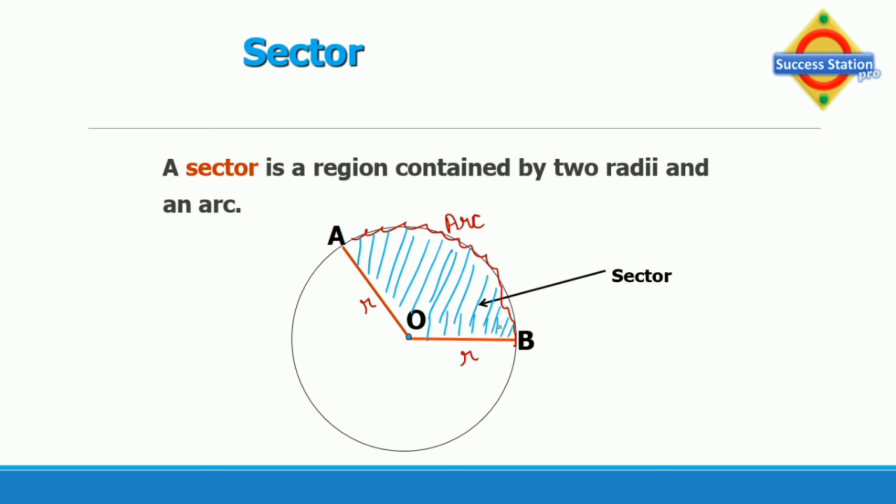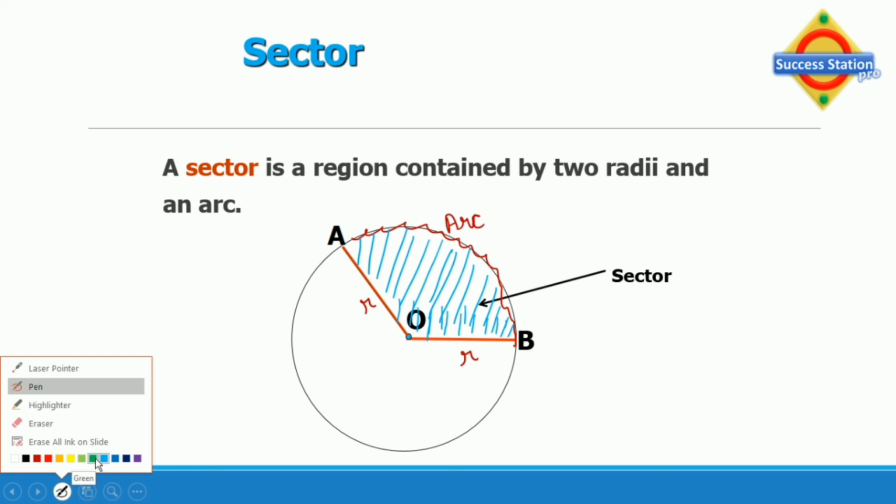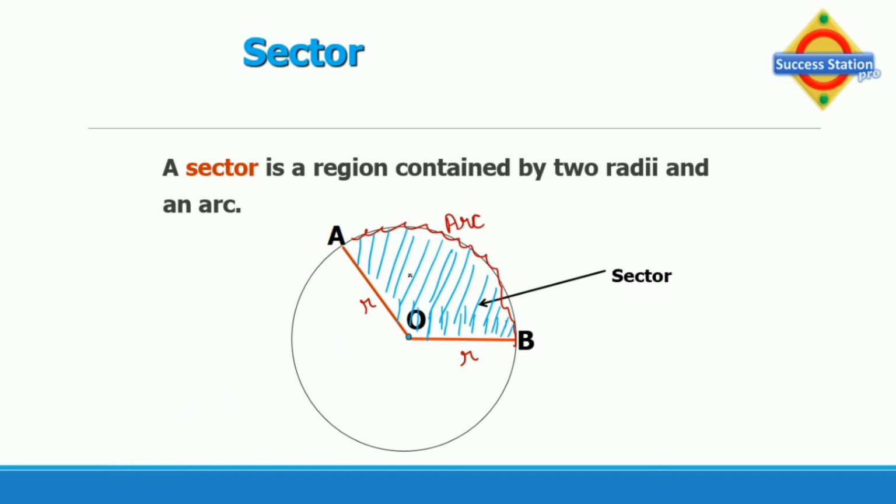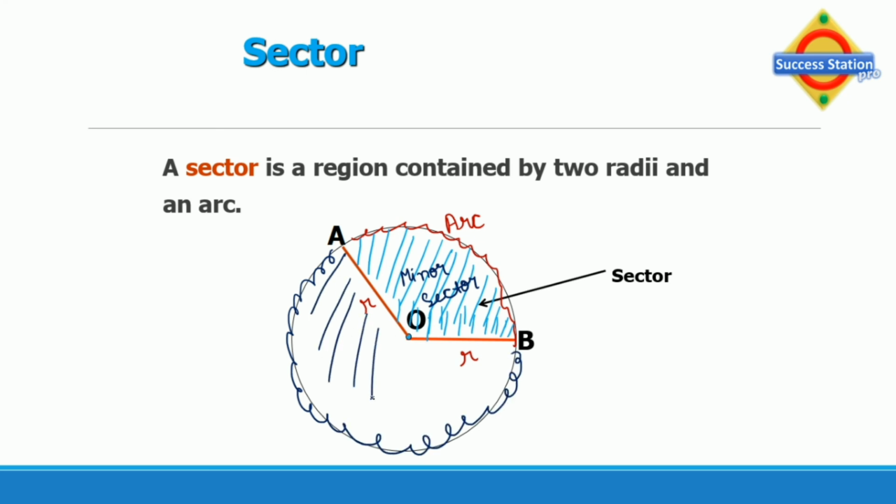Central angle was the angle. This is the region, the whole region. This region will be called a sector. Firstly, this will be called a minor sector, right? Because this is also an arc, and it also has some area bounded between the radii and the arc.